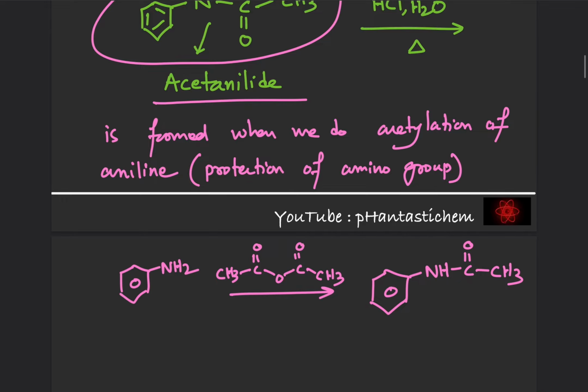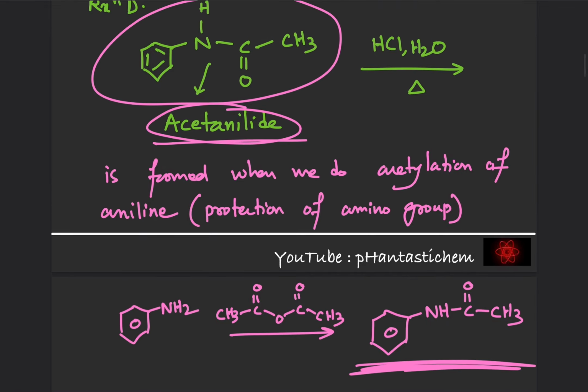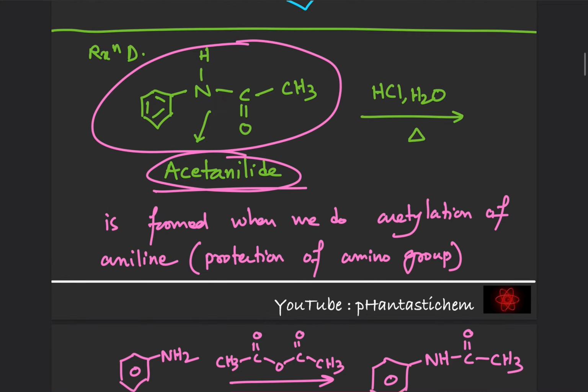This is our acetanilide. This is how we get our acetanilide. Then we are reacting our acetanilide in reaction D with HCl and H2O, that is acidic hydrolysis.